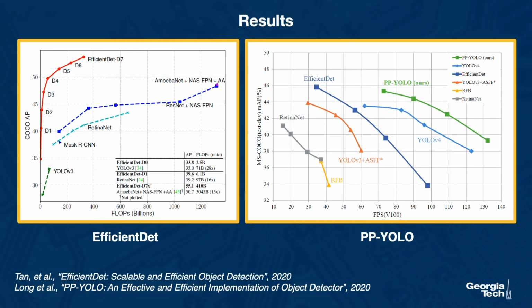Over the years, many different architectures have been developed. I can't possibly go through all of them, and new ones come out every month. So there are lots of different trade-offs that you can make. Typically, these plots show on the x-axis some form of computational complexity, either FLOPs, floating point operations, or FPS, which is frames per second, and on the y-axis the mean average precision.